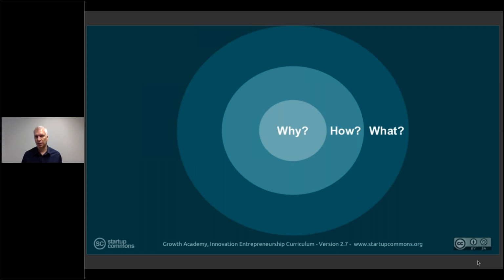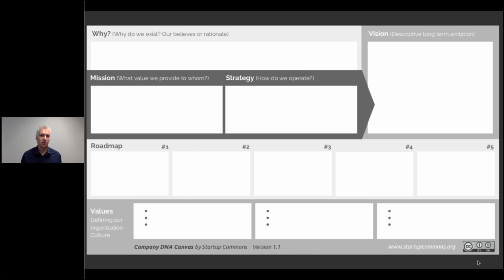What is the strategy applied at the organization level, and ultimately what are the products, services and processes, and how that manifests itself in the markets? So this is really the top thing. After that, the DNA canvas is the verbal description in a very short format of these things, and seeing how all of these relate to each other.